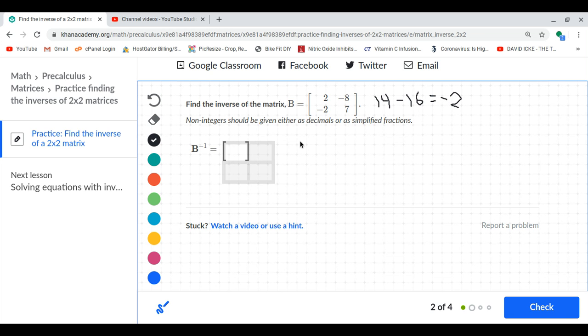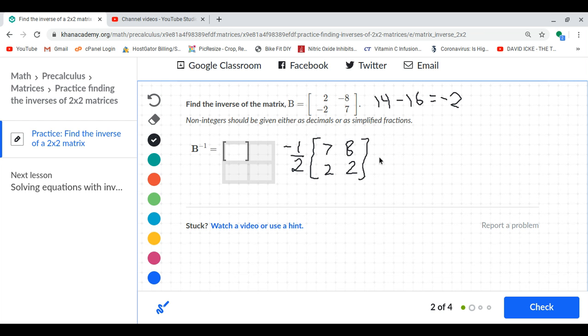So we're going to have 1 over negative 2, or negative 1/2. We're going to flip the 2 and the 7, so it's going to be 7 and then 2. And then we're going to change the sign of the negative 2 and the negative 8 to positive 2 and positive 8.